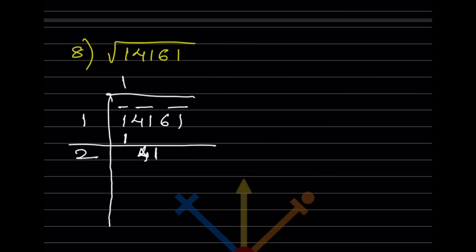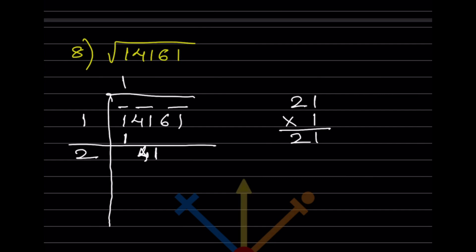So now this is 41. So what will you do? Here, this is 1. So now let us see, 1 square is 1. So if it is possible with 1. Yes, it is possible because this is a smaller number. 21 ones are 21.